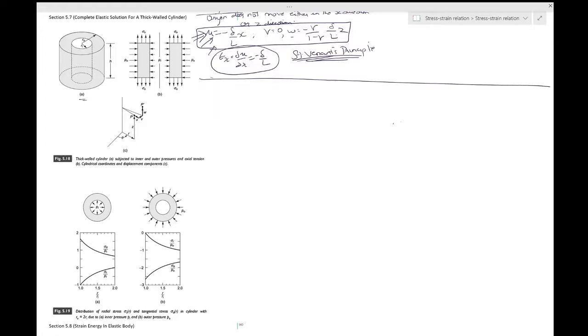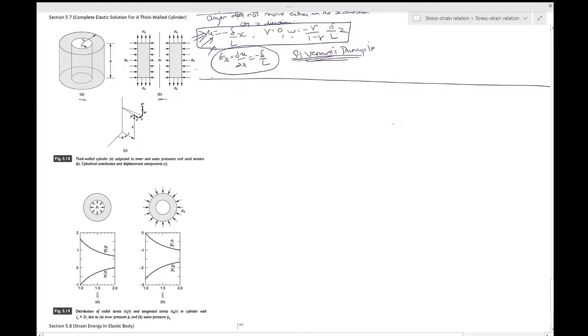Please look at this one. The outer wall of the cylinder is experiencing this pressure Po. The inner wall of the cylinder is experiencing a pressure Pi. So this is similar to the experience which I have just shared with you. This can be 1 atmosphere and this can be the atmosphere up in the air or down in the ocean.